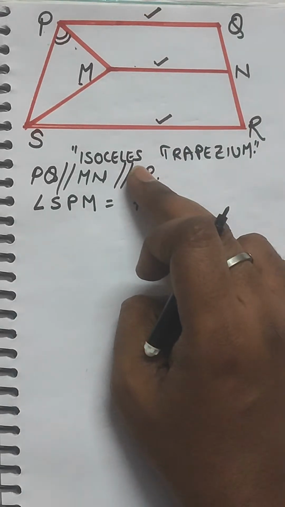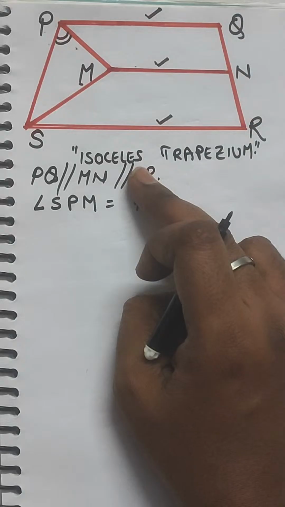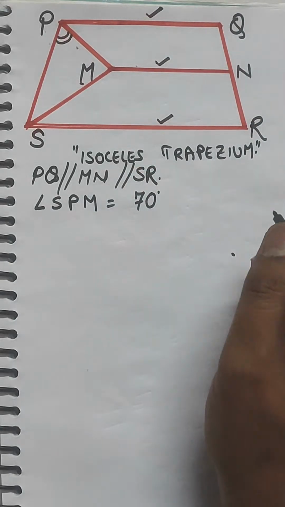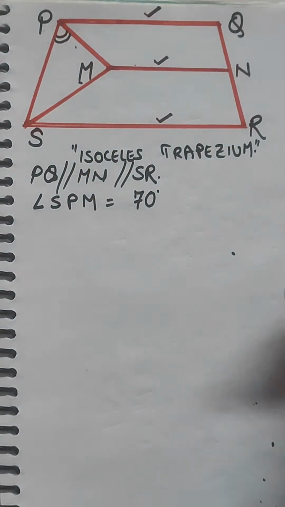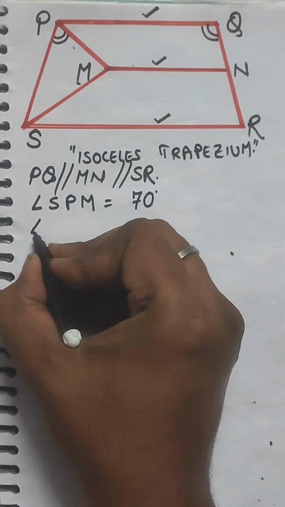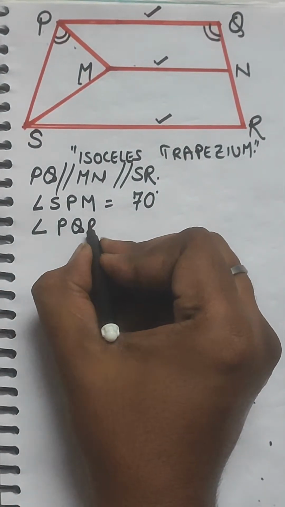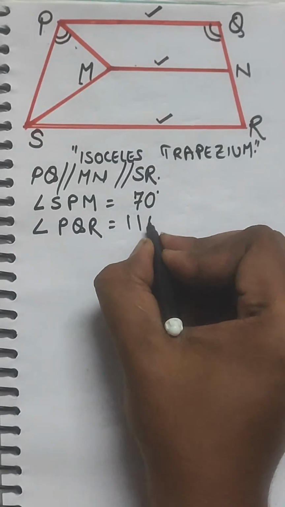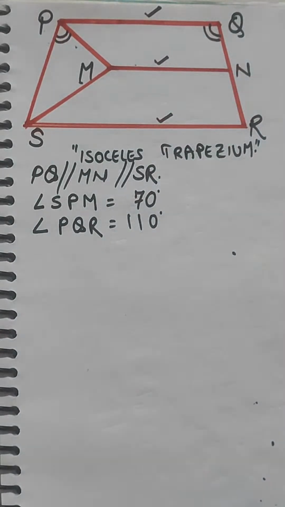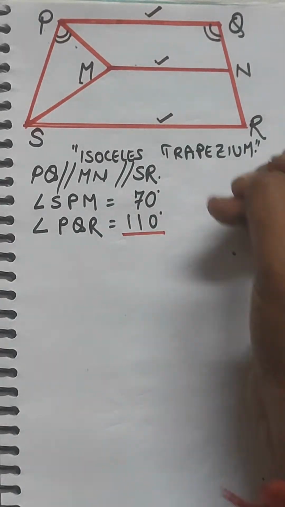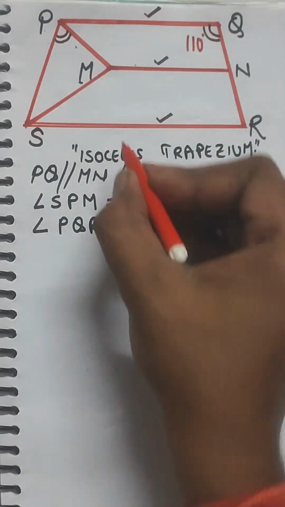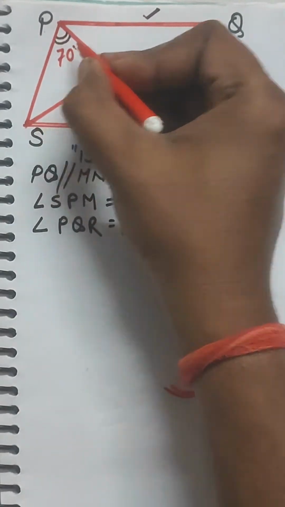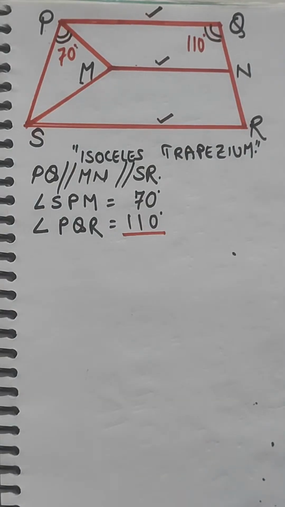Apart from this, another data given to you is angle PQR is 110 degree. So let me write it. This 110 degree is this angle, right? And angle SPM, this angle, is 70 degree, right?